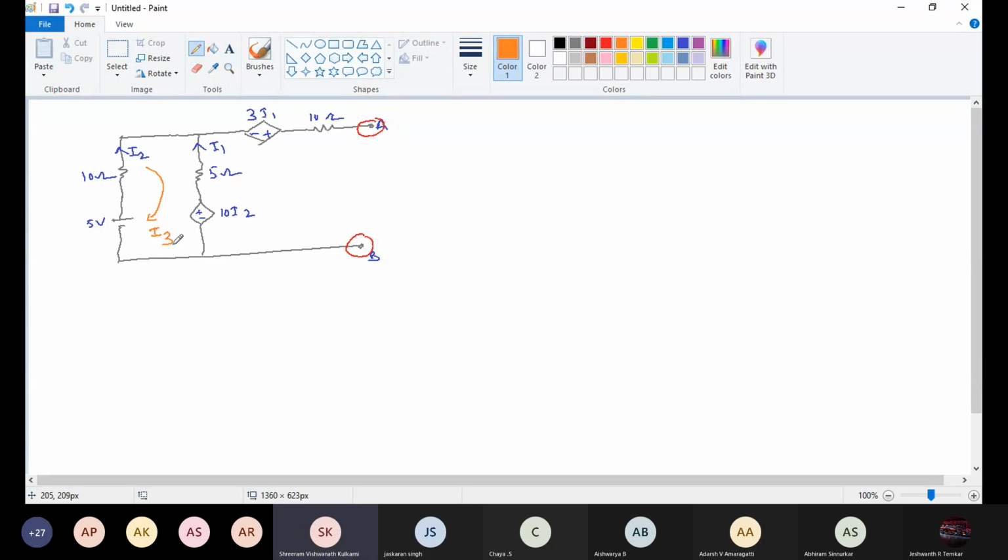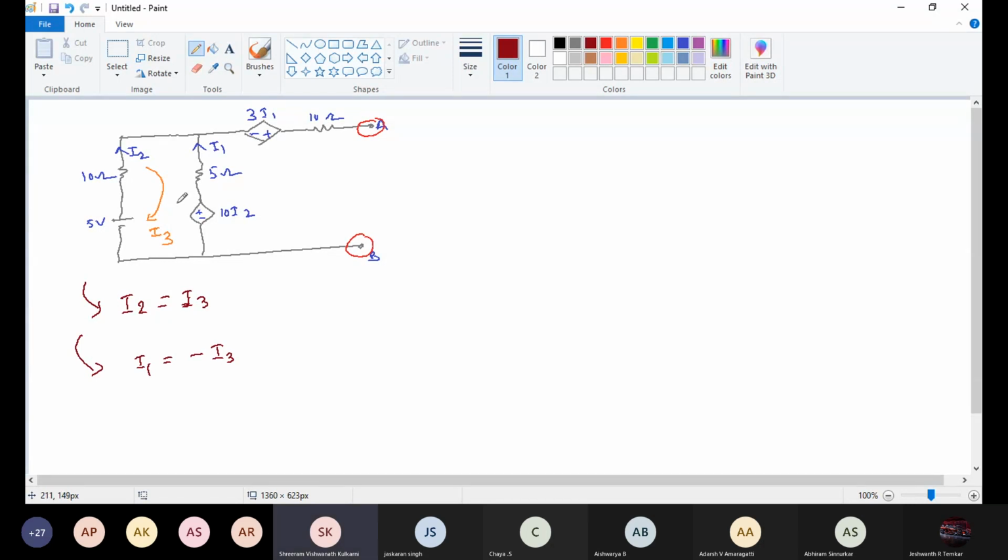Now we can say from this figure that I2 is equal to I3. See here, this I2 is equal to I3, same current, right? Now I1 is equal to, opposite to this, minus I3.